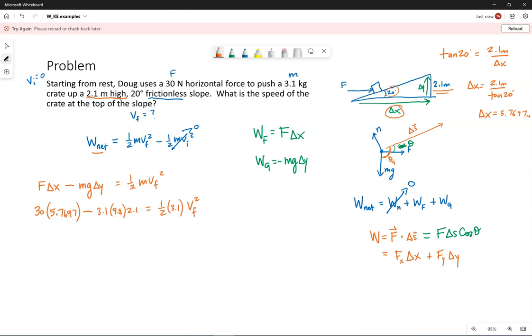So solving for V final, I have 2 sig figs, so 8.4 meters per second. That'd be pretty fast. So we won't worry about the logistics of him actually trying to walk up a frictionless slope that quickly or at all.